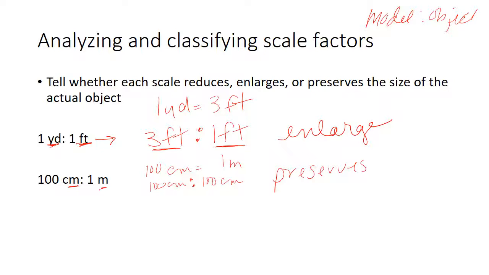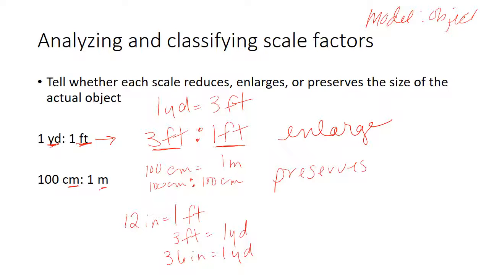We have 1 inch and 1 yard. Let's see where that one goes. So this one's a little bit harder. We know that it takes 12 inches to make 1 foot, and that it takes 3 feet to equal 1 yard. So how many inches does it take to make a yard? It actually takes 36 inches to make 1 yard.